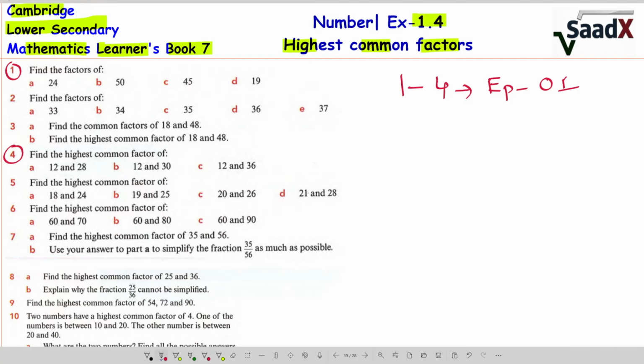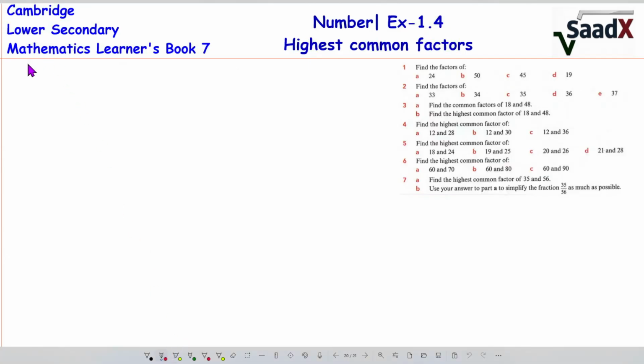Let's start. Number 1. Find the factors of A, 24. First we have to find the factors of 24.